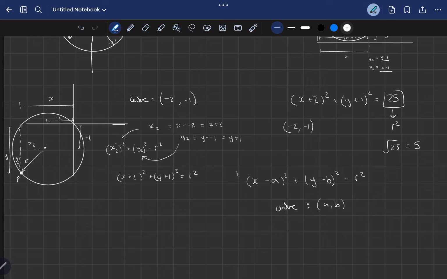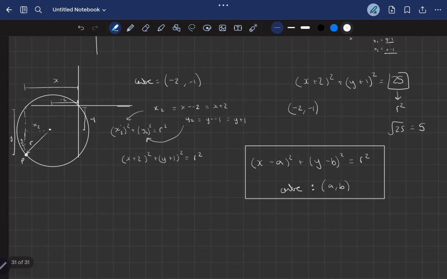I just showed why this is true. So in this case, the center is negative 2, negative 1. So we substitute negative 2 into a and negative 1 into b. We will get the same as this.